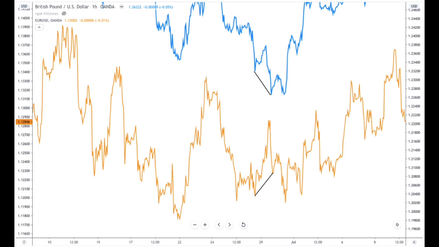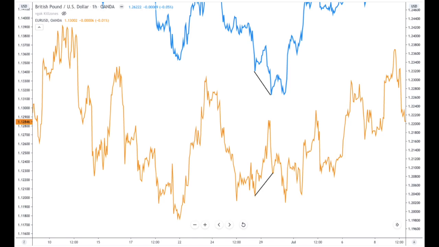In this example, you can see in blue we have the GBPUSD chart making a lower low, where I've drawn a black line. On here you can see it's making that lower low right there. But at exactly the same time, we see EURUSD making a higher low. Down here on the EURUSD orange chart, we can see it making a higher low at that exact same time.